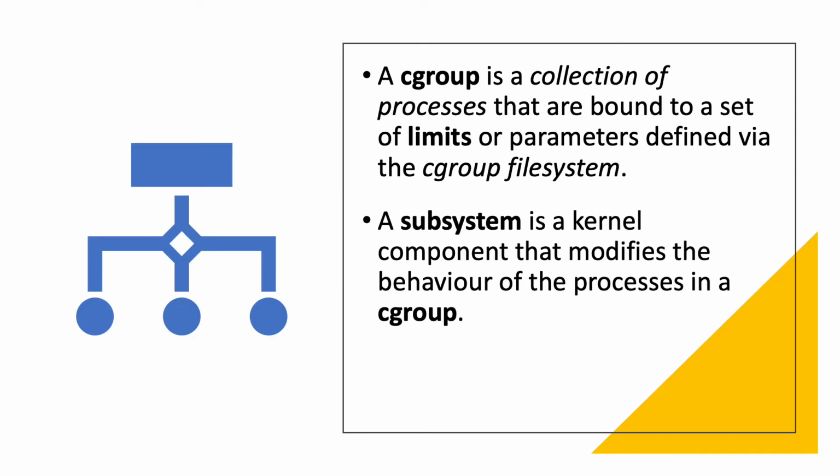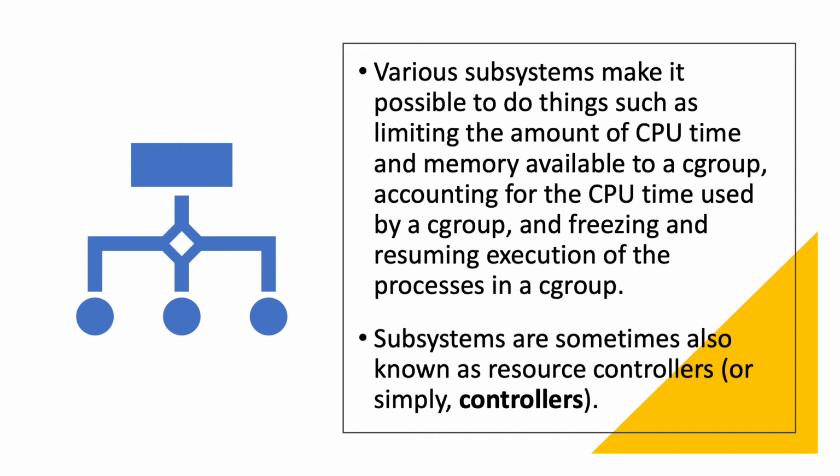So a C group is a collection of processes that are bound to a set of limits or parameters that are defined via this C group file system. So we all know a file system is hierarchical, so we use the notion of a file system to capture this notion of a C group. So a subsystem is a kernel component that modifies the behavior of the processes in a C group.